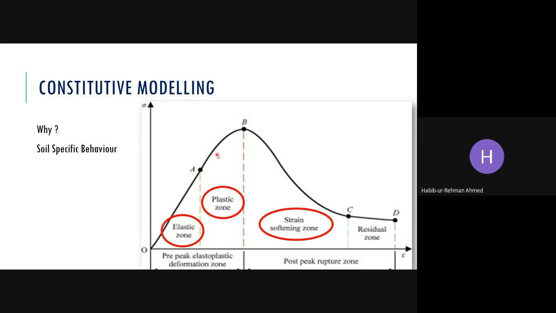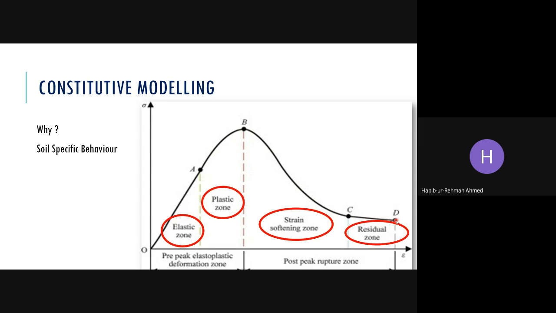So you can see here we need a mathematical model for the elastic zone, and we need a mathematical model for the plastic zone. We need to define points B and A, and we need a mathematical model for the strain softening zone or the post-peak behavior zone. And finally, there is a residual zone. In most soils, we also classify a residual zone.